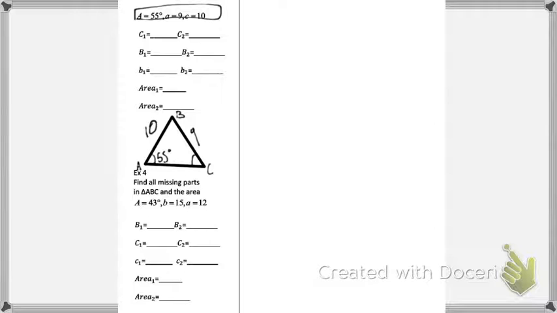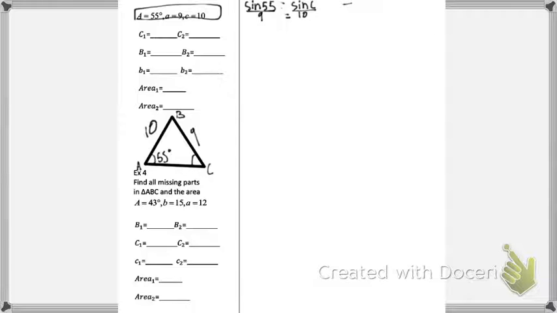So let's do sine 55 over 9 equals sine C over 10. So now I'll make that a little bit smaller so we can have more room. So sine 55 over 9.